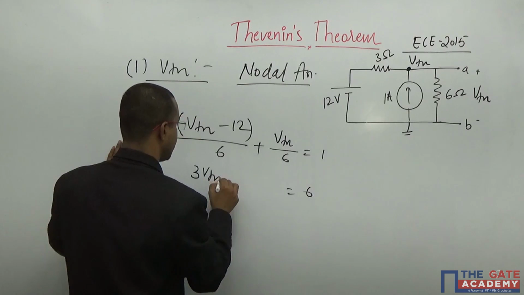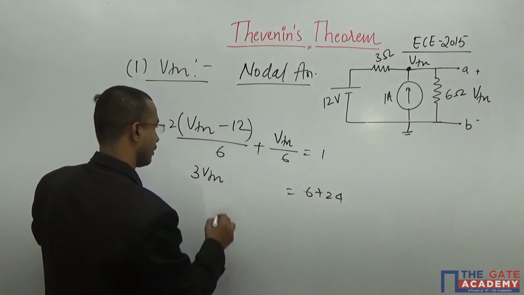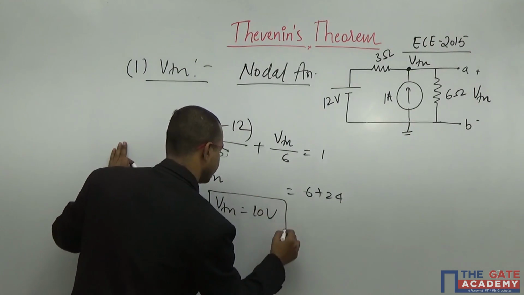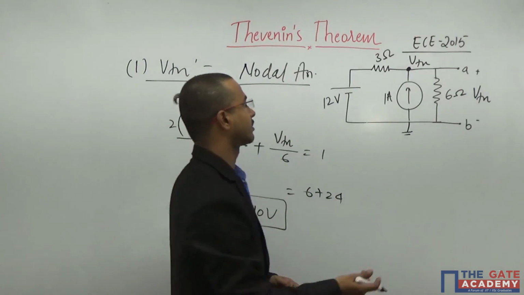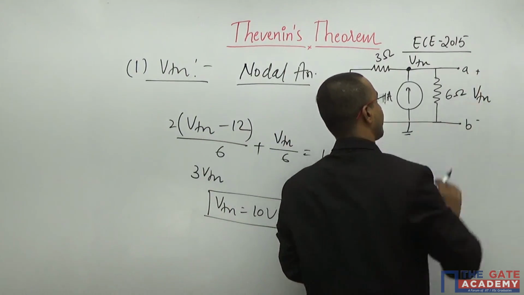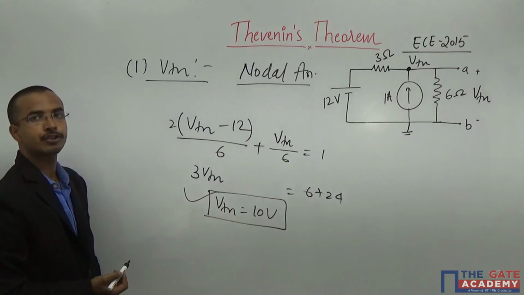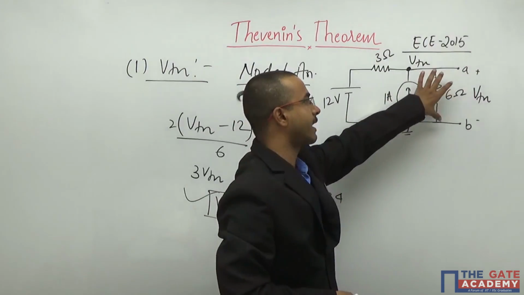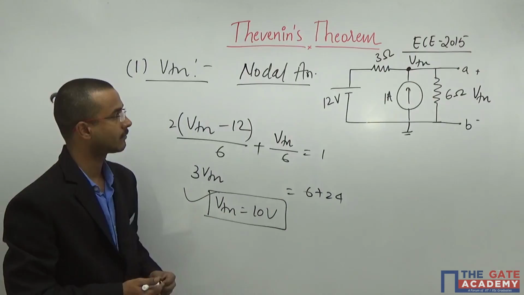Three VTH plus 24 VTH is equal to 10 volt. That means it is the voltage across this. The simple procedure to calculate the VTH: just remove the load and calculate the open circuited voltage by any method of analysis, and directly you will get the value of VTH.